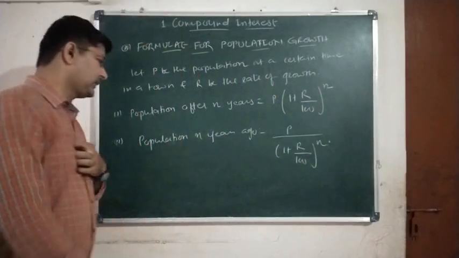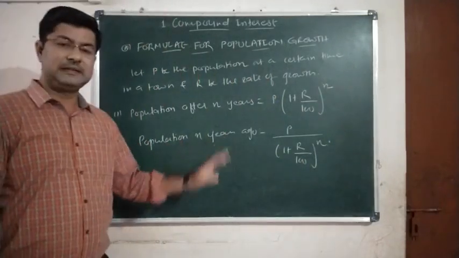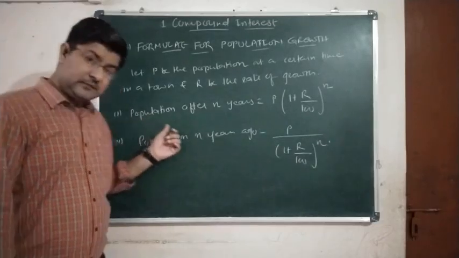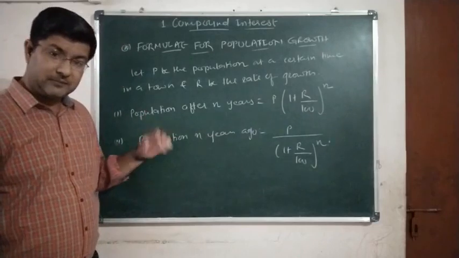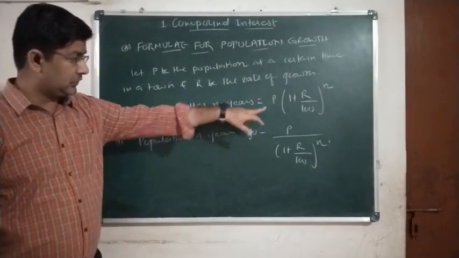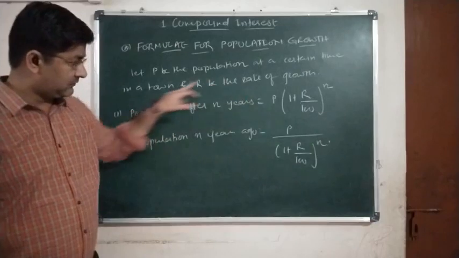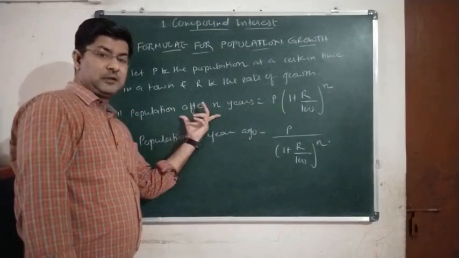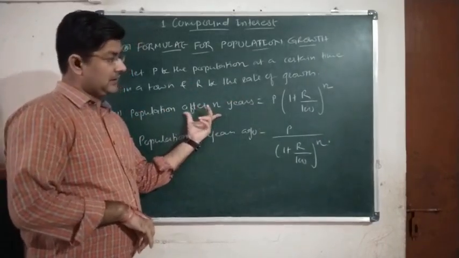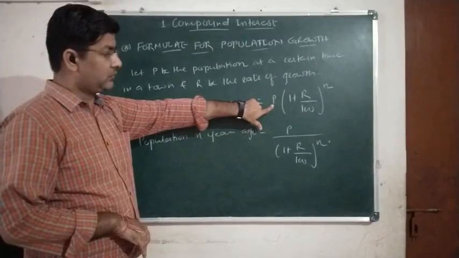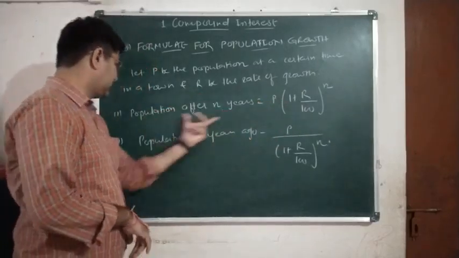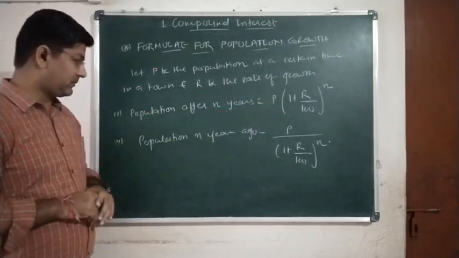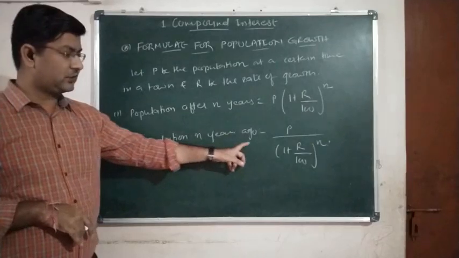So in case you have to find the population n years ago, the present population will become the amount. So here you will get the present population, and the population 2 years ago will come over here. If you shift this into the denominator on the left side, you get the same formula. So you will remember this formula for calculating population n years ago.